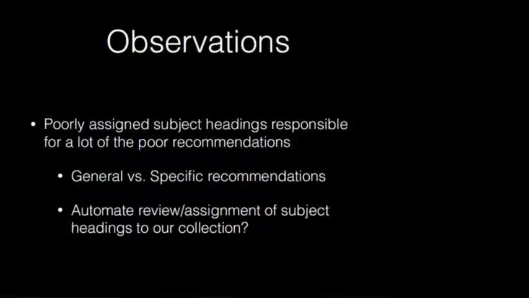That happened quite a few times. To alleviate this, we could try to automate review and assignment of subject headings in our collection, but that would be another pretty large project in itself that we would have to explore.